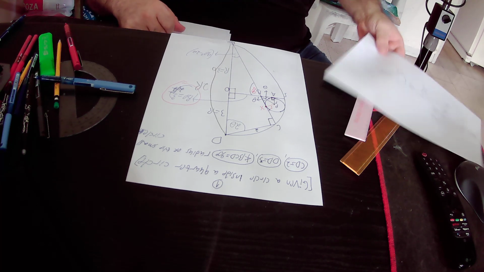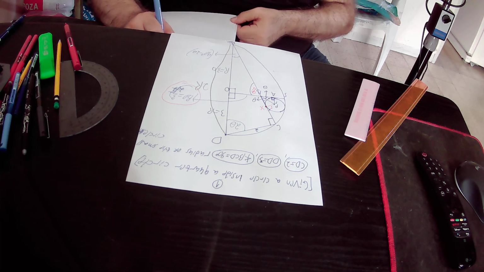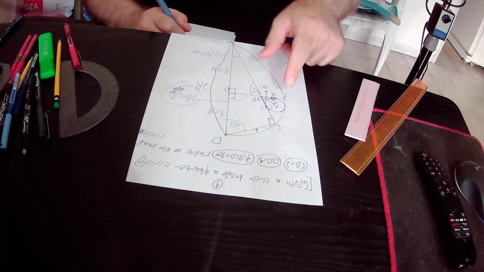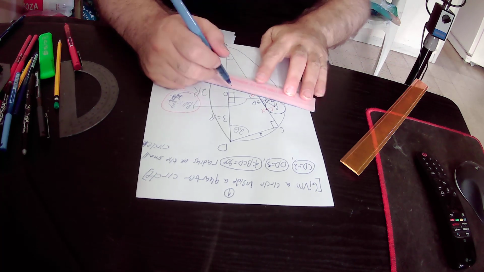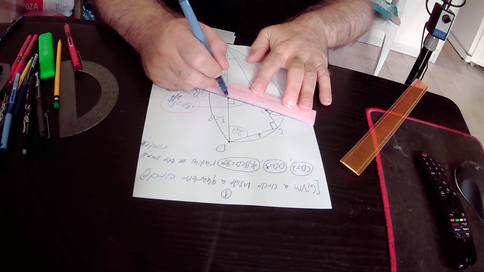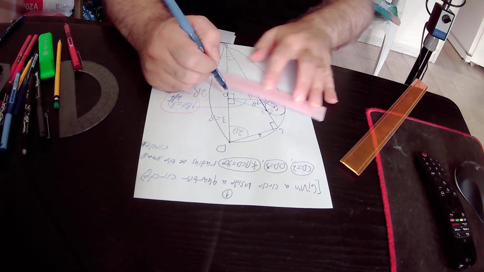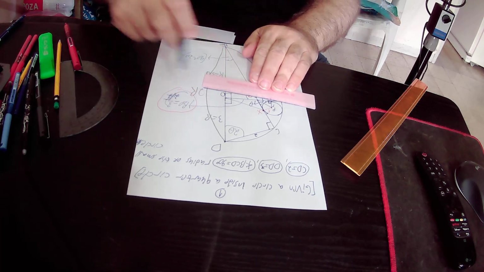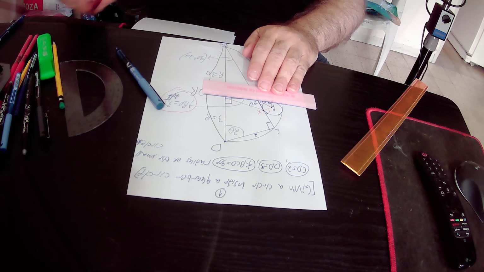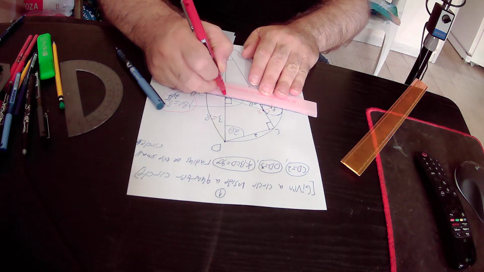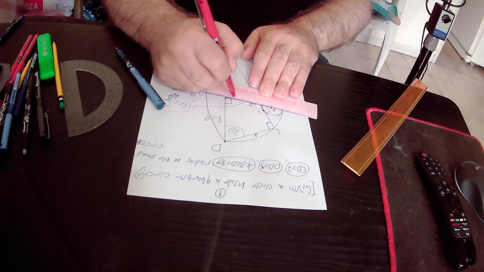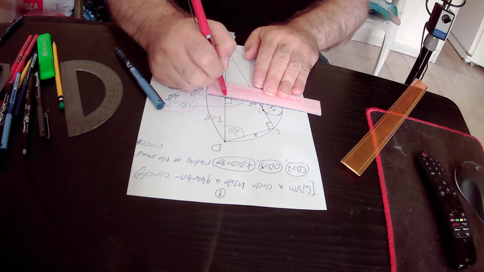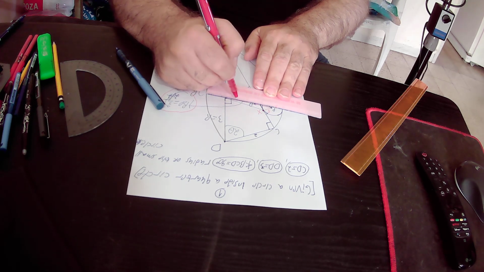So, in the next step, we'll join together points P and O by a straight line.